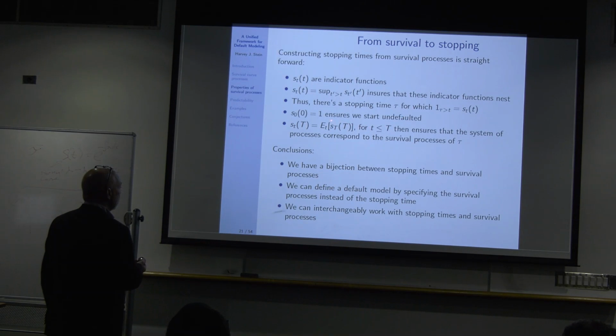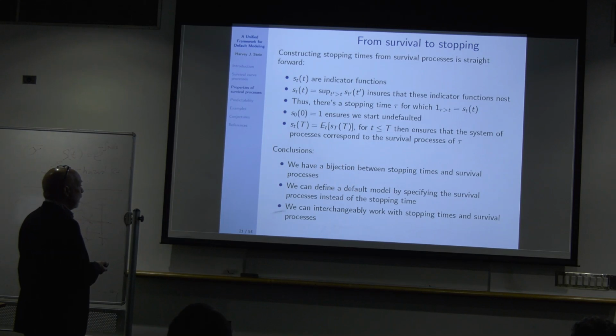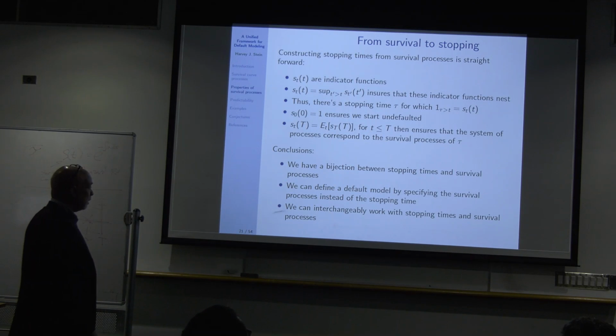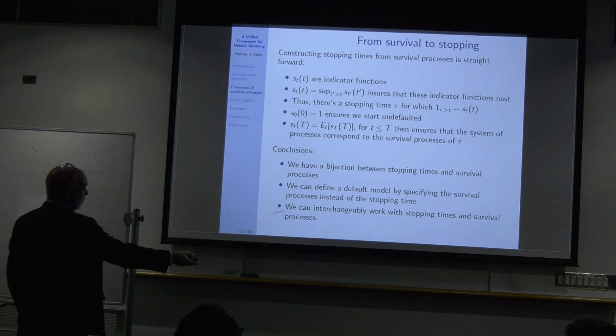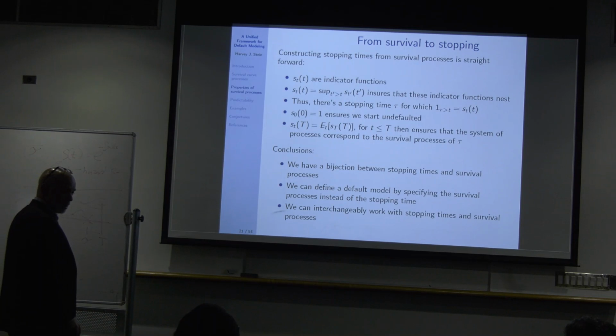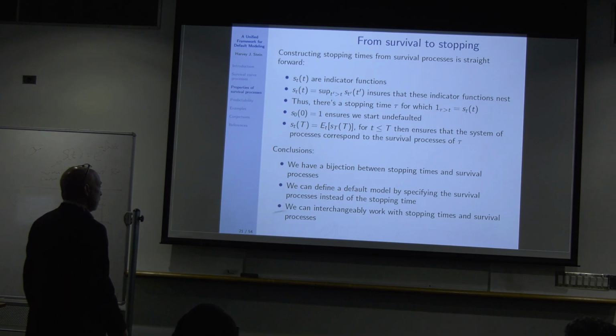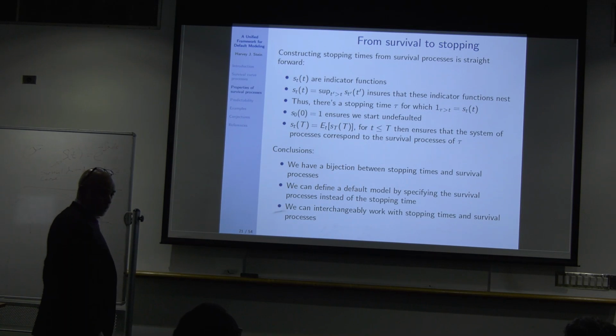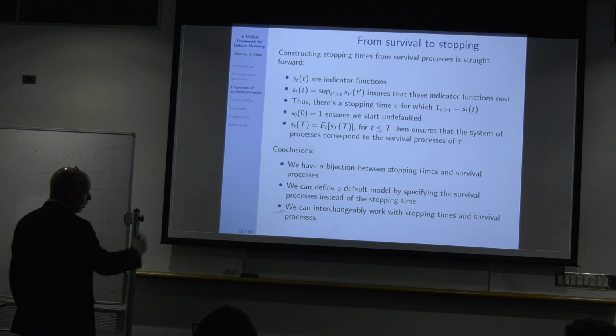Of course, we have to start at 1 because we're starting undefaulted. And the fact that it's a martingale basically makes it the survival curve process. So we have this bijection between stopping times and families of processes with these properties. We can define this default model by either specifying a stopping time or specifying this family of processes. So you can go back and forth and work with either one.